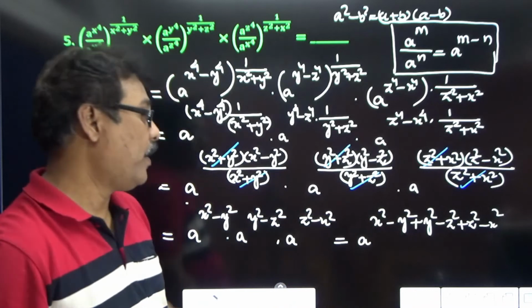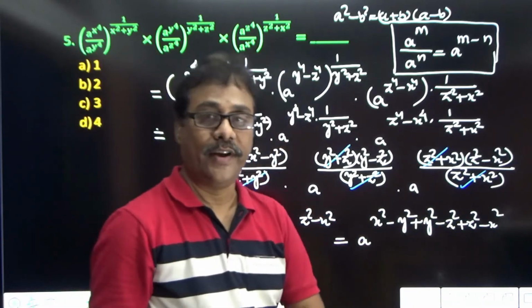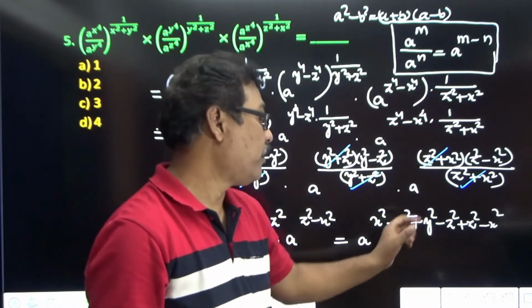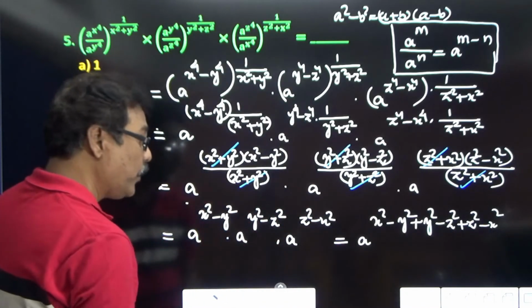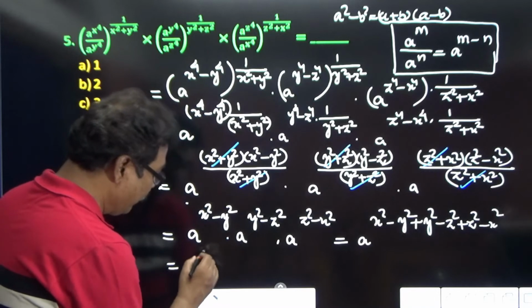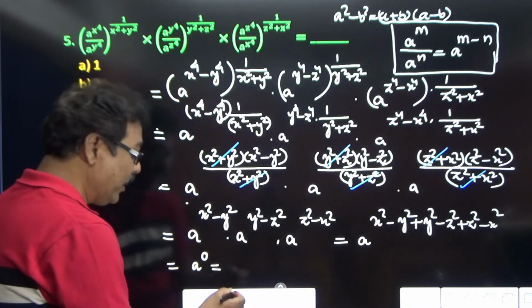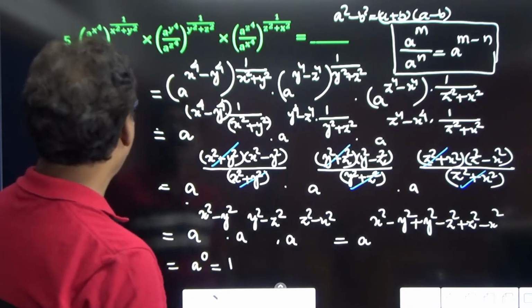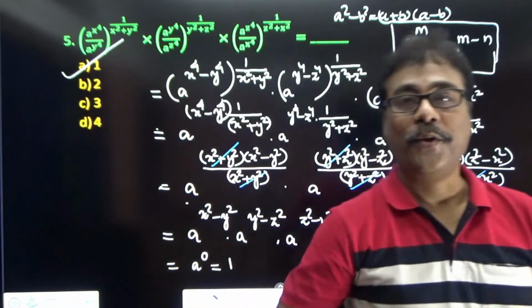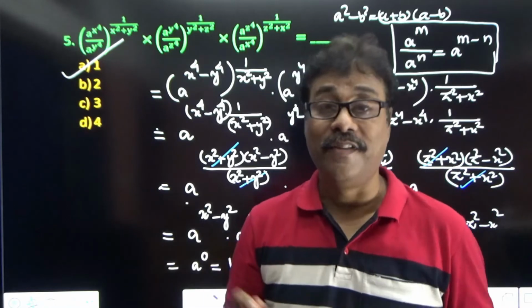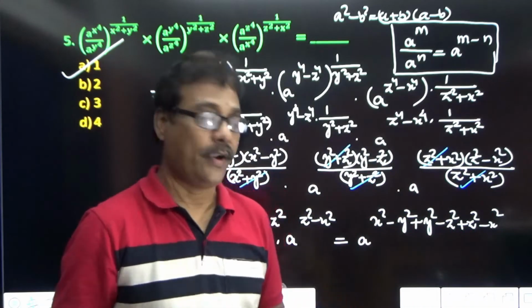You can see x square, y square and z square all get cancelled. So you are going to get a to the power 0, and anything to the power 0 we have read is 1. So the answer of this particular question is 1. Got it? It looks a very difficult one, but not so difficult.